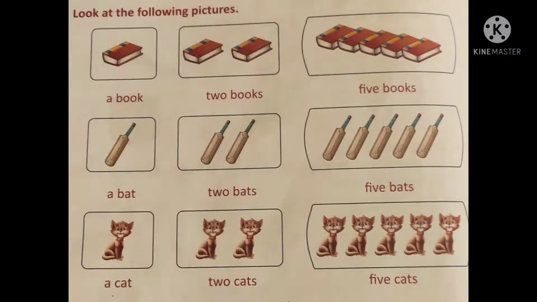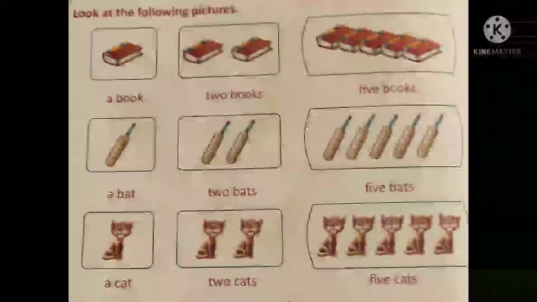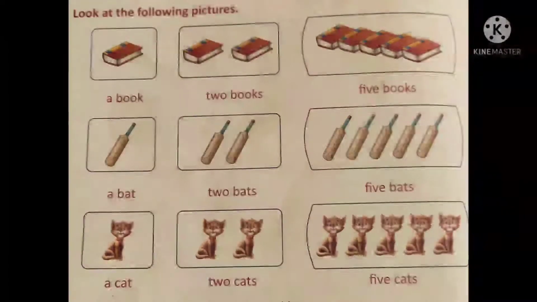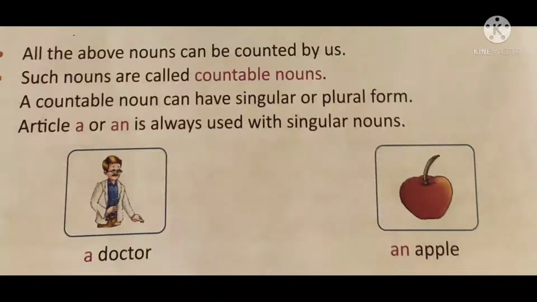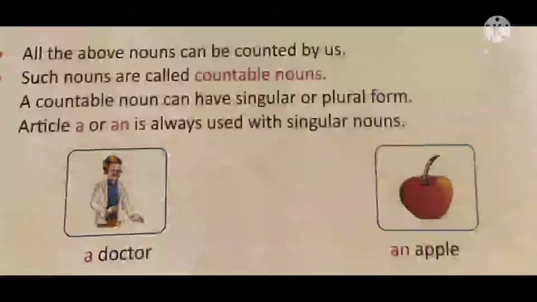Next one is a bed, 2 beds, 5 beds. Third one, a cat, 2 cats, 5 cats. So, all the above nouns can be counted by us. As you can see, children, we can count the number of books, number of pets, etc.